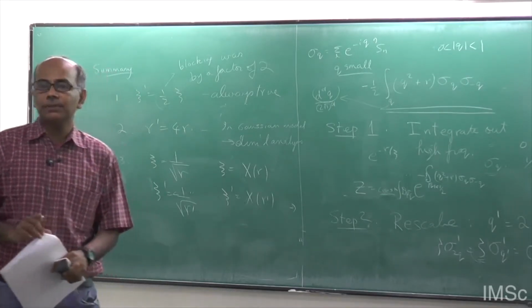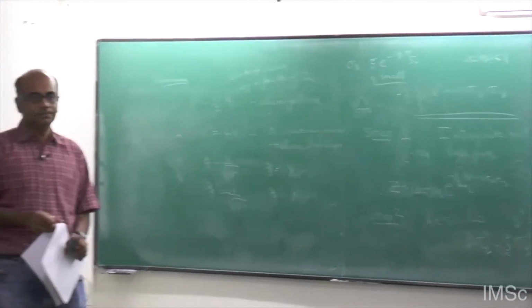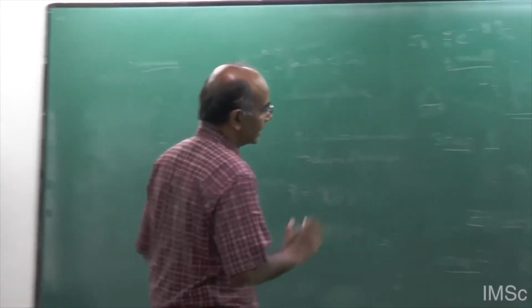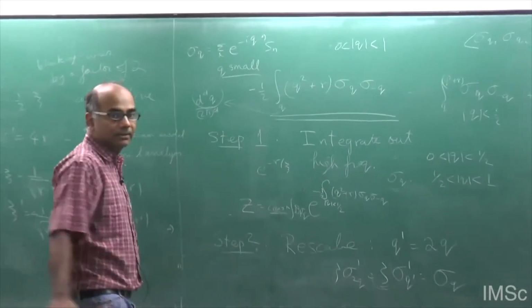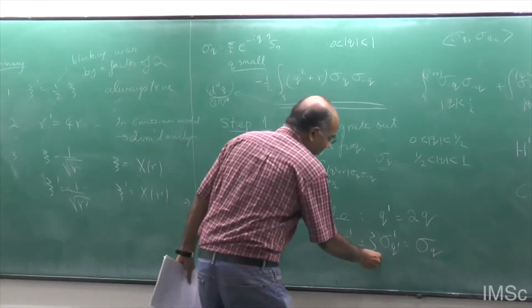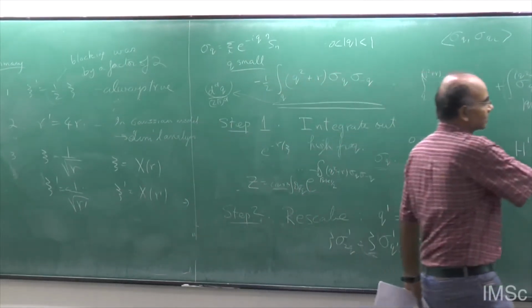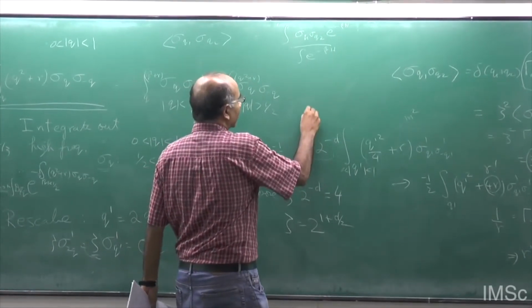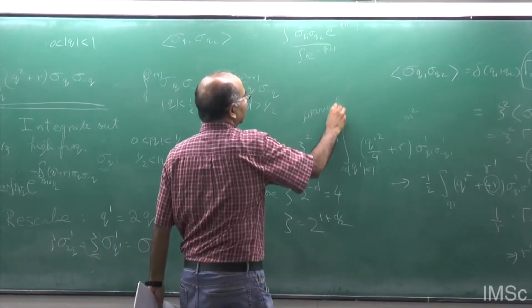Any questions about all this? I hope the steps are very clear. The main two steps are this and this. For those of you who are familiar with it, where you make the coefficient of q squared 1, this is the so-called wave function renormalization that you do in field theory.